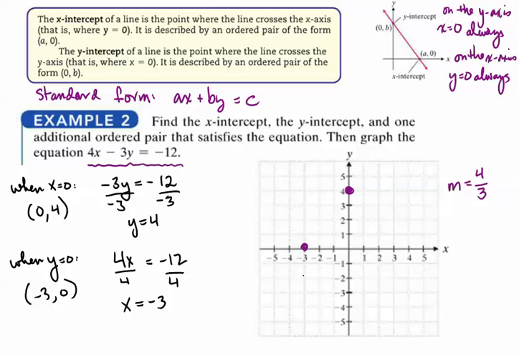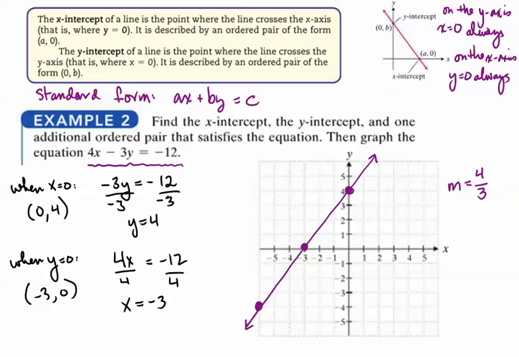Down 4, 1, 2, 3, 4, over 3, left 3, sorry. You can see that this point also falls right on that line, and all we have to do then is draw the line through those points. And when we do, we get the graph of the equation 4x minus 3y equals negative 12.